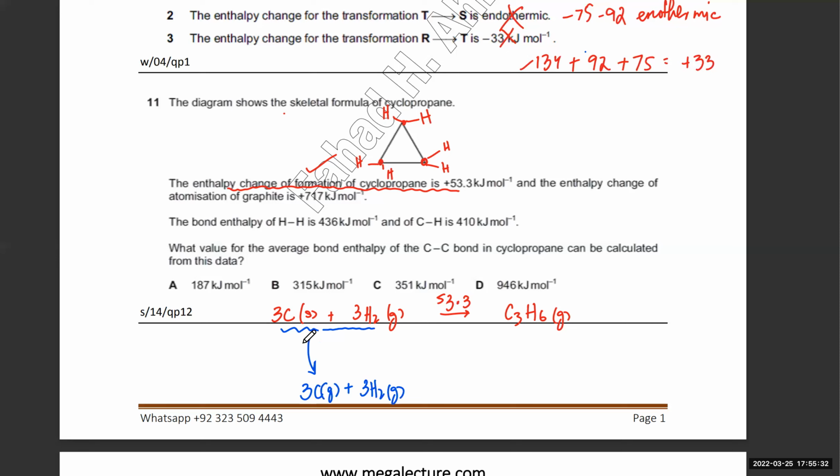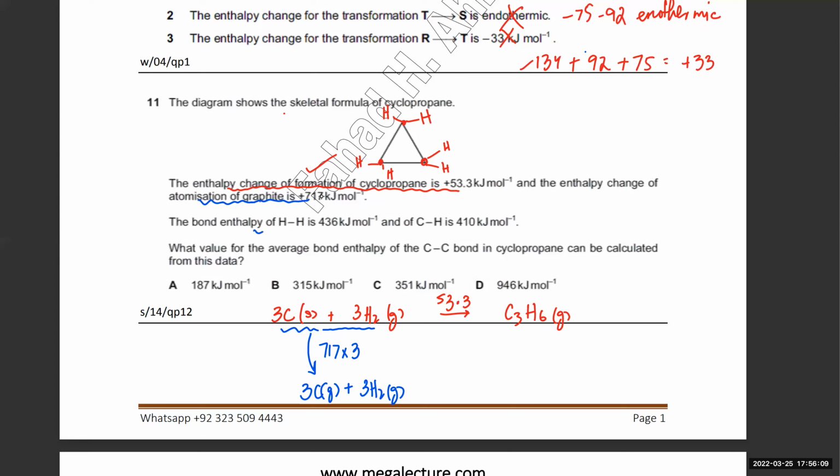So this is the atomization of carbon, that a carbon solid element in the form of graphite turns into carbon gaseous atom. So that's 717 kilojoules times 3. Is that clear? So I've connected this one over here, the atomization of graphite.